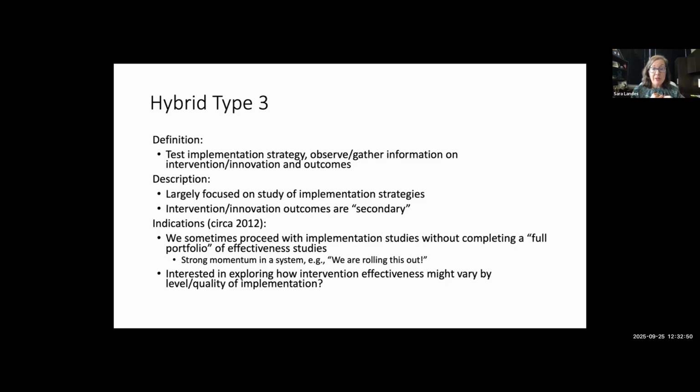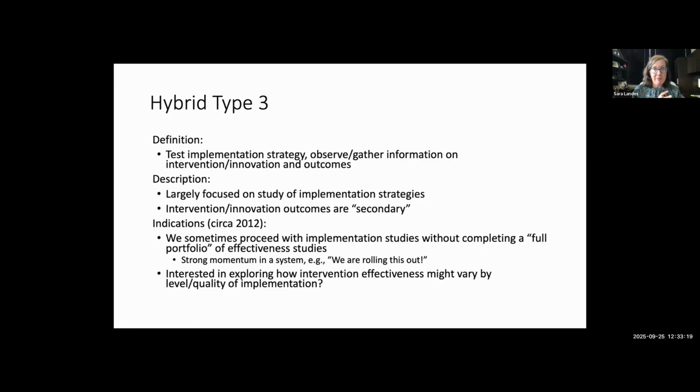You also would use this, again, if you want to see how does my effectiveness vary by quality or level of implementation. So for example, there was a study on psychotherapy for depression. I can't remember which treatment it was. And they found that for folks with mild to moderate depression, only mild to moderate fidelity of the treatment got you really good outcomes.